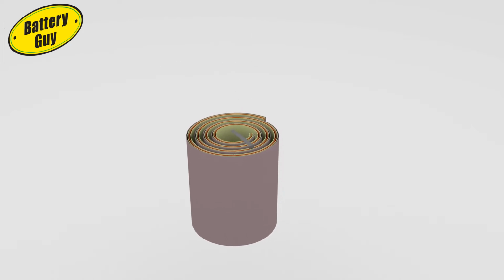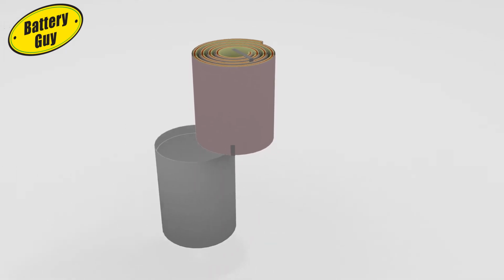Metal tabs are fixed to the positive anode and negative anode, which will connect them to the outer terminals.